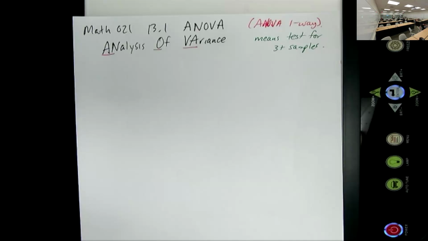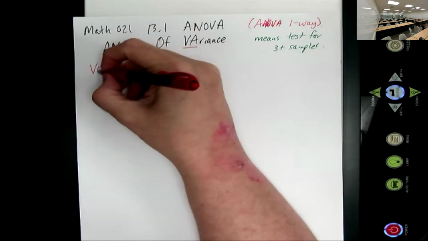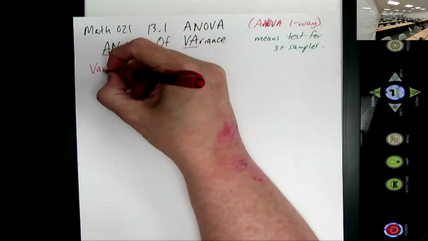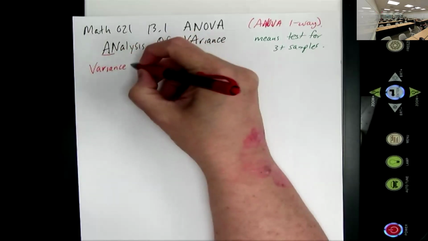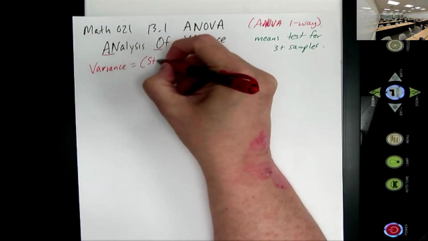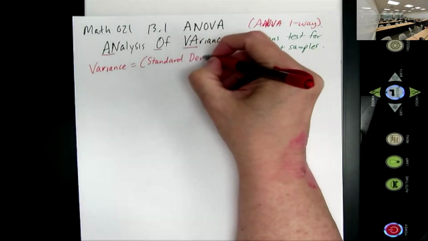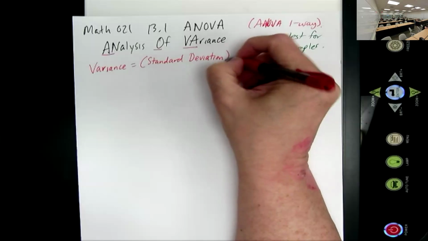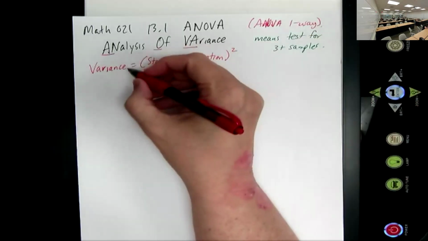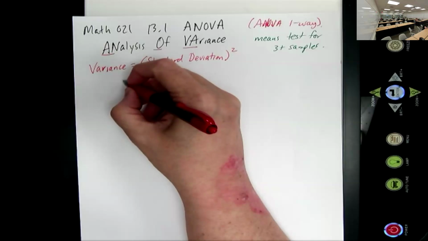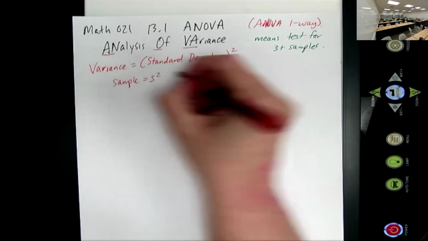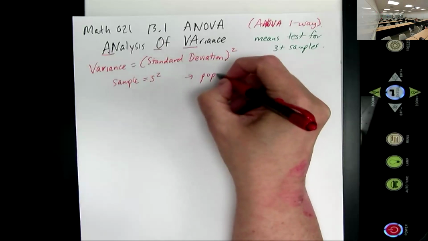As a reminder, variance. Since it's in the name, what is variance? Variance is standard deviation squared. So for a sample, it would be S squared. For population, it's sigma squared.